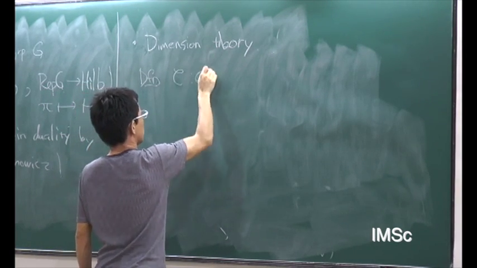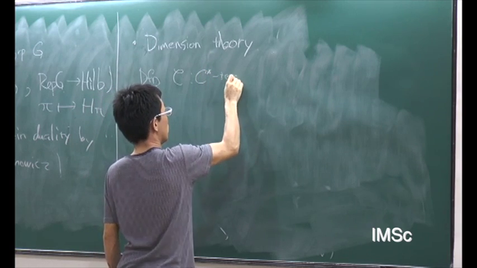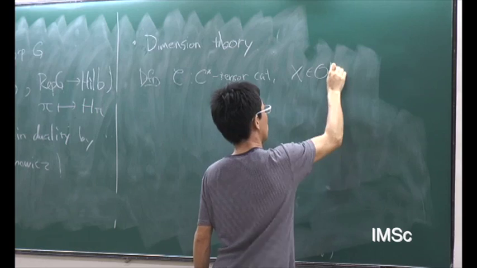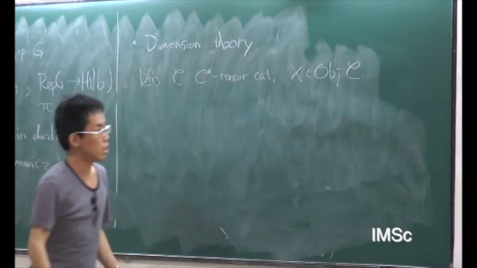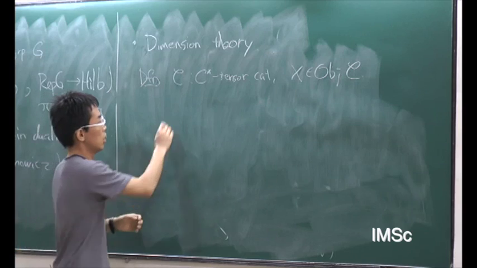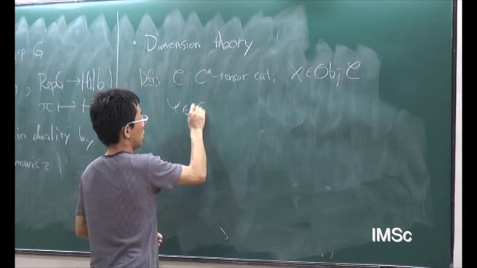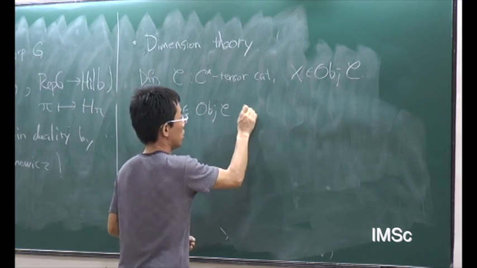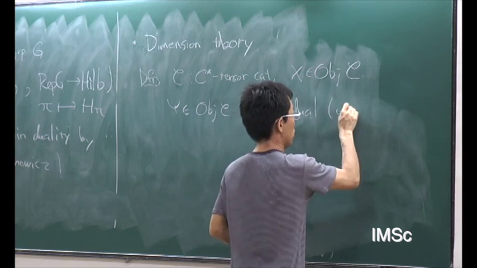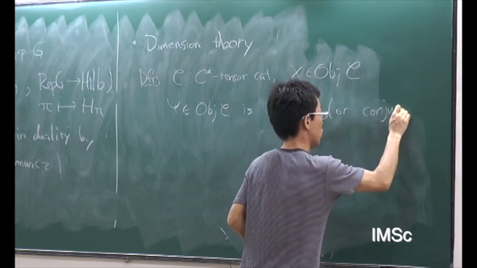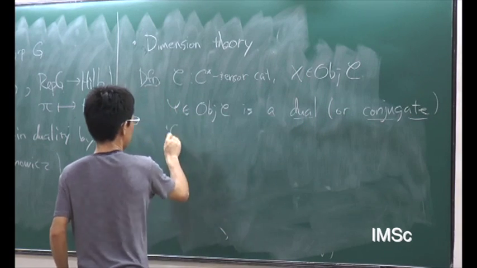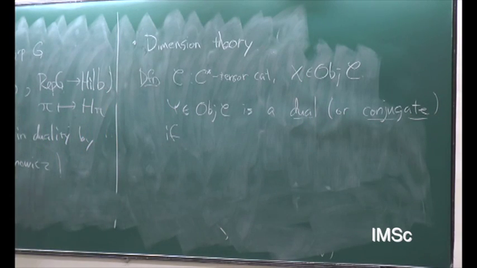C is a C-star tensor category, and X is some object. Then we say another object is a conjugate of X, or dual of X, if you can find the duality morphisms.